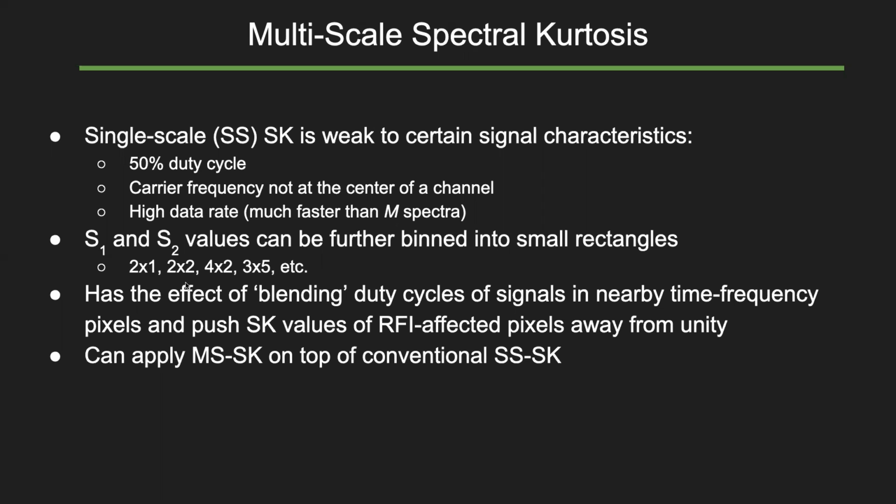This has the effect of blending duty cycles of different signals in nearby time frequency pixels, and it can push SK values of those RFI affected pixels away from 1 and help us flag it better. You can do this as a separate thing, right on top of the single scale kurtosis.